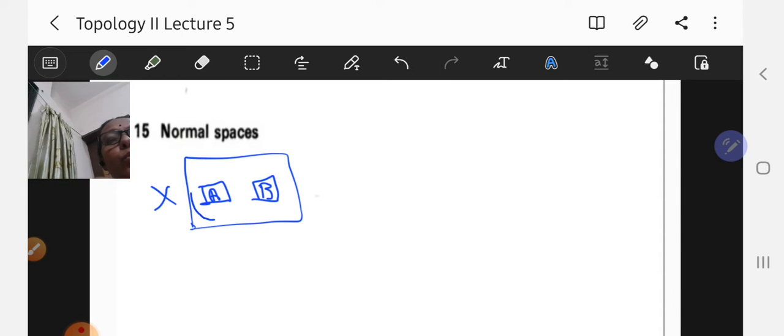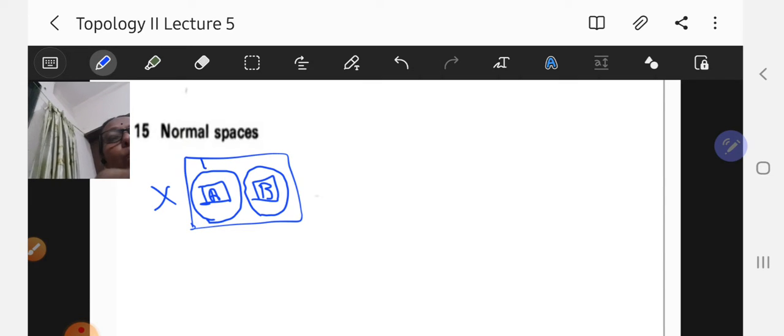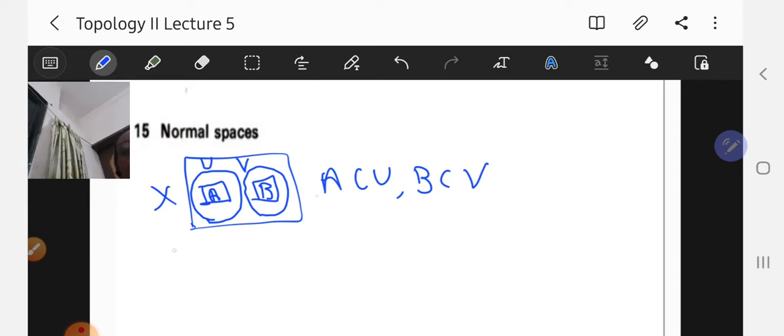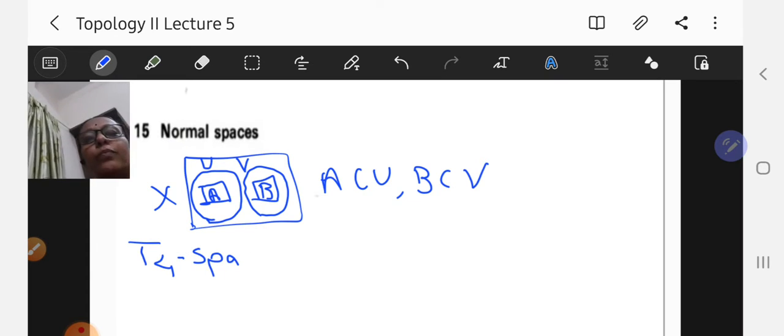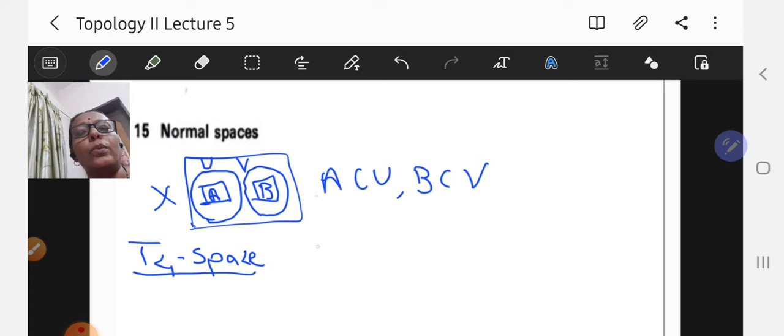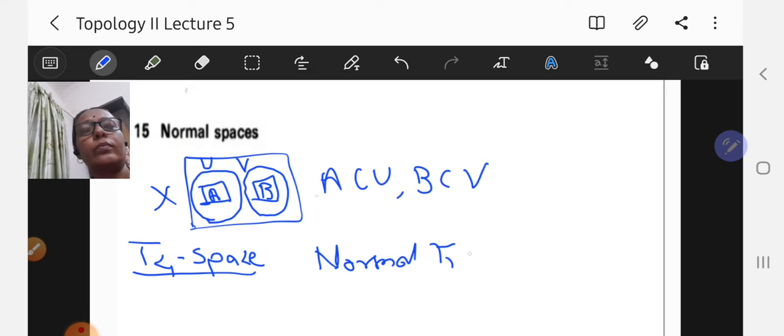If there exist two disjoint open sets U and V such that A is a subset of U and B is a subset of V, then X is a normal space. The next definition is T4 space. A normal T1 space is called a T4 space.